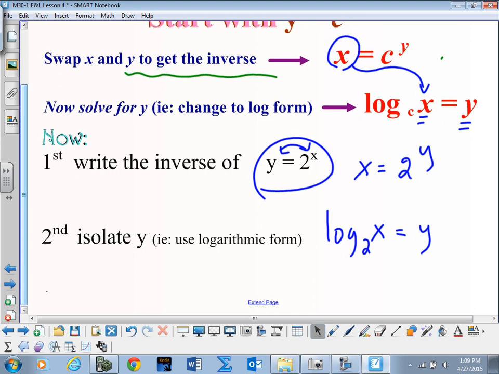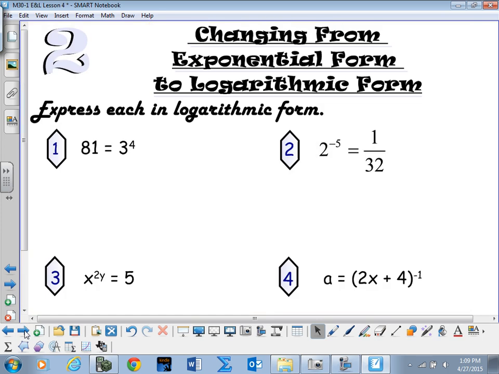Let's take some more examples. We're going to start flipping back and forth, and hopefully you'll get the hang of this really quick. All right, here are all of these exponential forms. We want to write them as logs. Log base 3 of 81 equals the exponent 4.